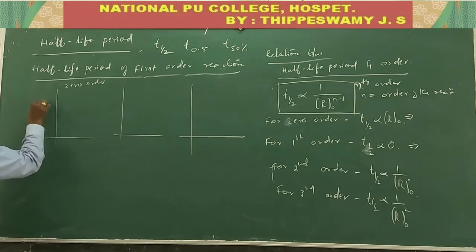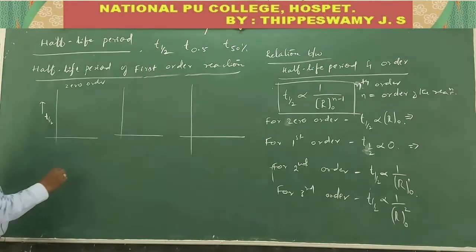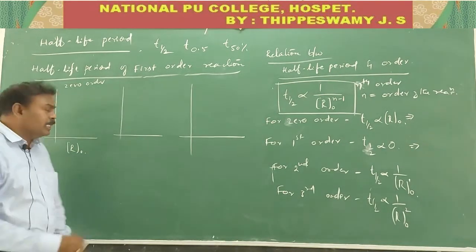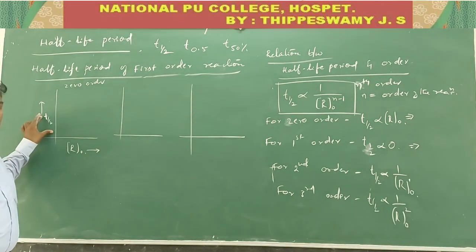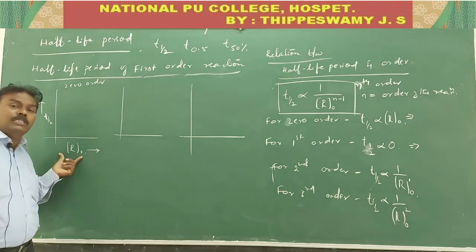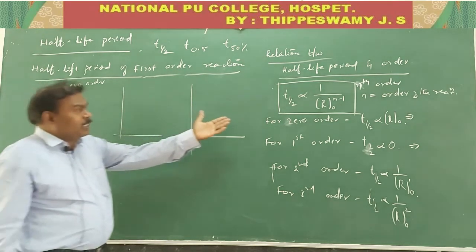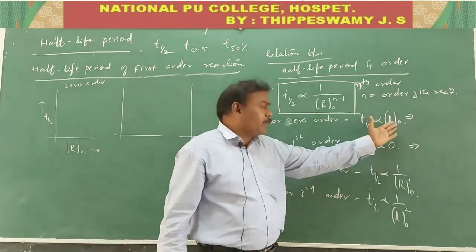I take the half-life of the reaction along the y-axis and R naught, the concentration of the reactant, along the x-axis. How are the half-life period of a zero order reaction and initial concentration of reactants related? They are directly proportional to each other.